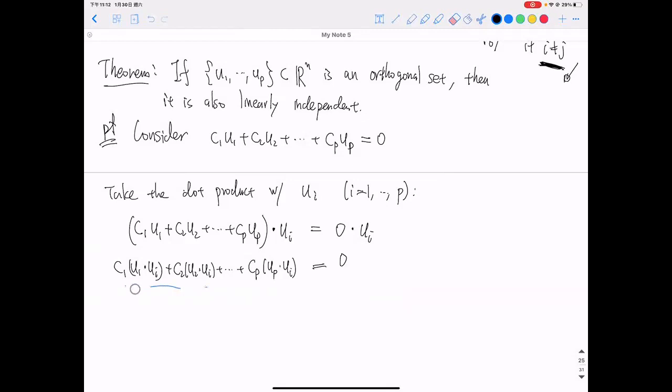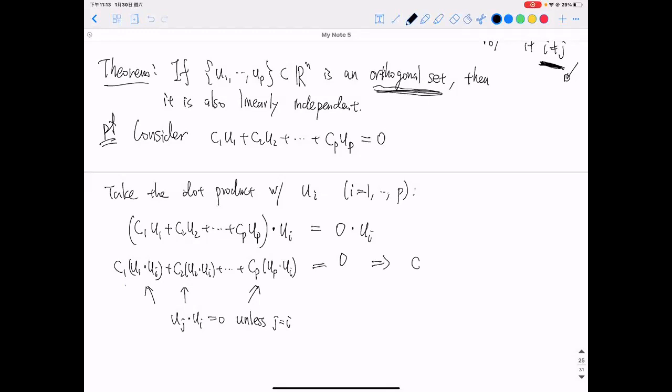These dot products, UJ dot UI, are 0 unless J is equal to I. Being an orthogonal set, we have UJ dot UI equal to 0 whenever J is not I. When J is I, you're having UI dot UI.